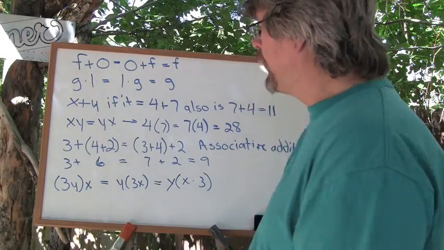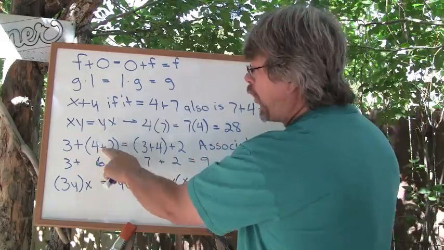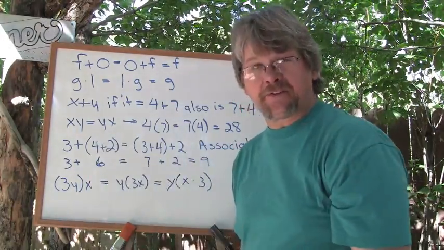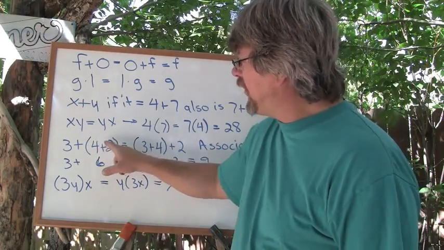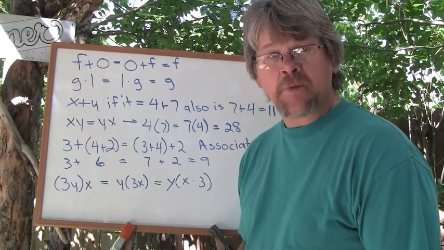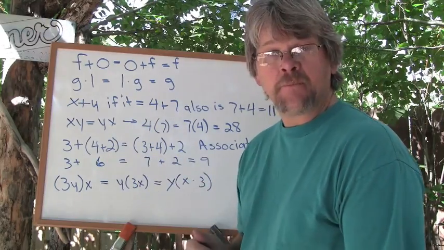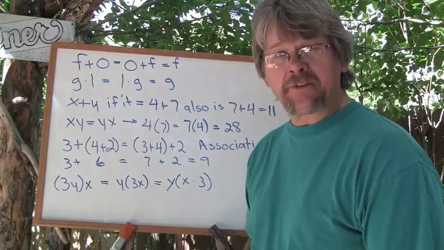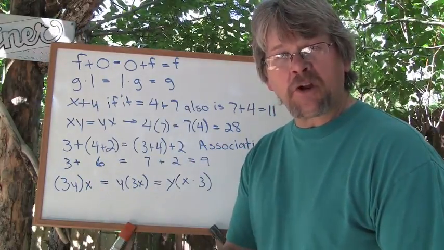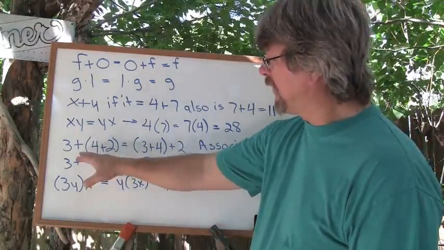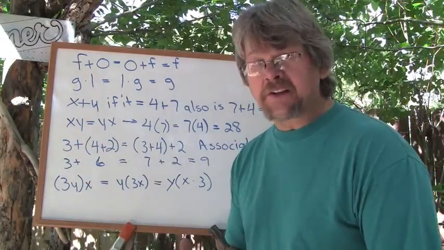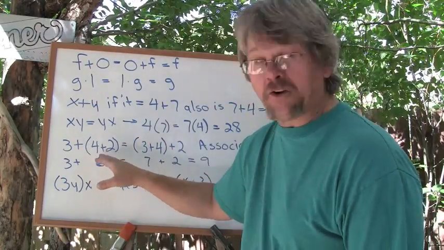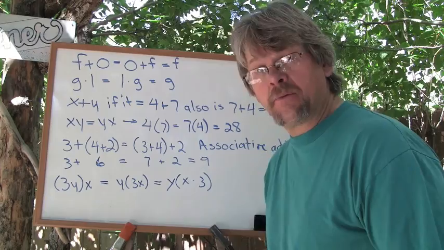Now with the associative, 3 plus 4 plus 2, we put the 4 and the 2 together in our parentheses to tell us that these two are going to be grouped together. And 4 plus 2 is 6. So this 3 plus 4 plus 2 is really 3 plus 6. But we also know with the associative of addition like this, the grouping doesn't matter either. It doesn't matter if there's only 2 terms or 3 terms or 93 terms.